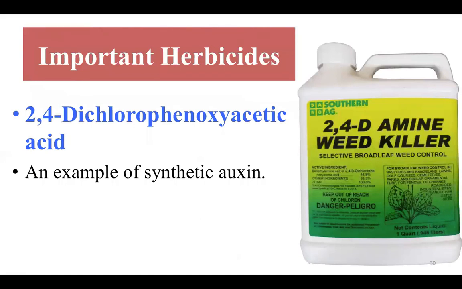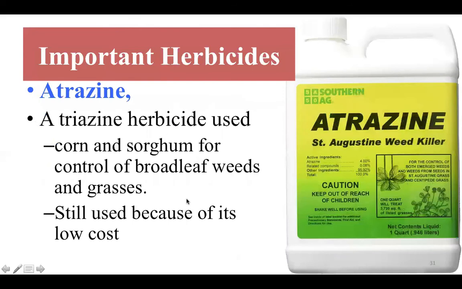For example, a commercially available herbicide called 2,4-D, dichlorophenoxyacetic acid, is an example of a synthetic auxin. The second most important herbicide is atrazine, a triazine herbicide used for the crops of corn and sorghum in order to control broadleaf weeds and grasses, and it is still used because of its low cost.